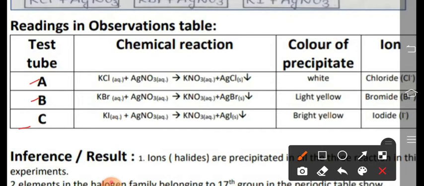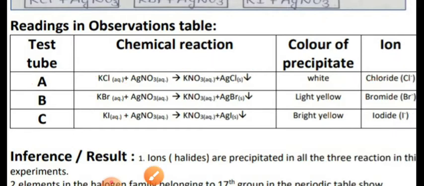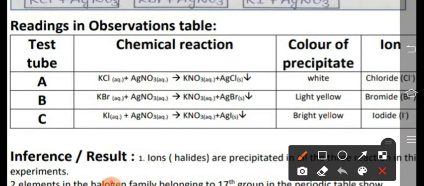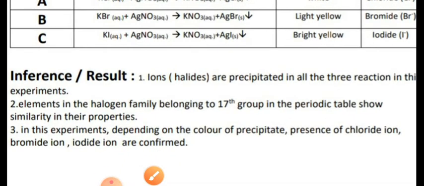So here potassium chloride, AgNO3 means silver nitrate, and after that we get a reaction, and the color of the precipitate is white, and because it has a white color, we get the chloride ion. So based on this color we can recognize which ion is there. If light yellow that means bromide is there, if bright yellow that means iodide is there. So we can see its result.